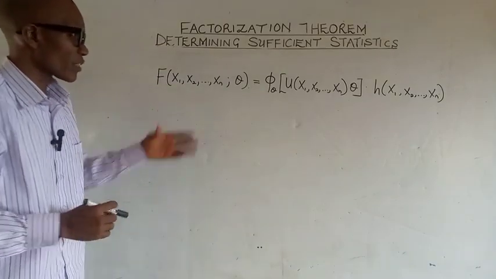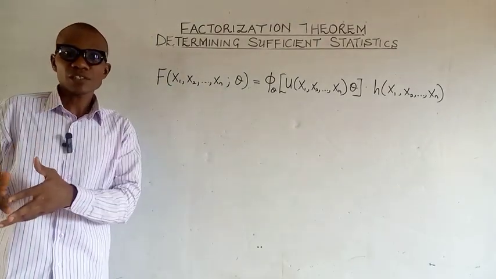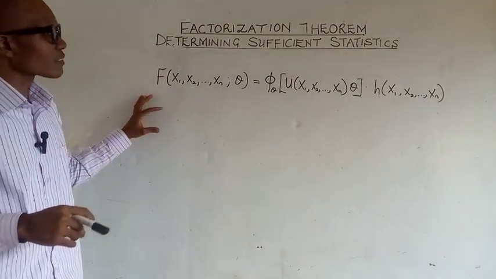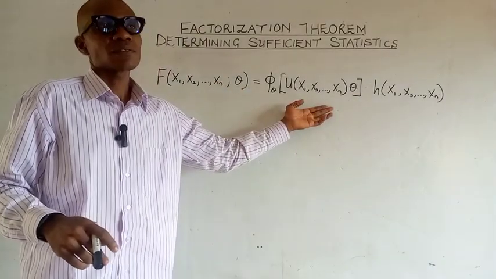So this is what the factorization theorem says, that a statistic is sufficient if and only if you can factor out that distribution into two components of this sort.